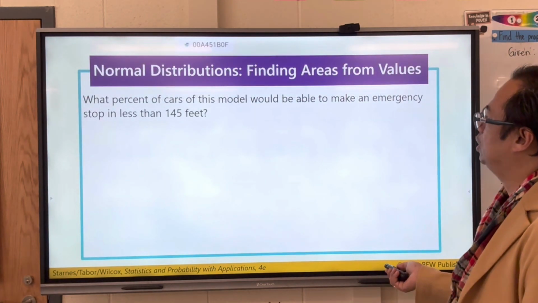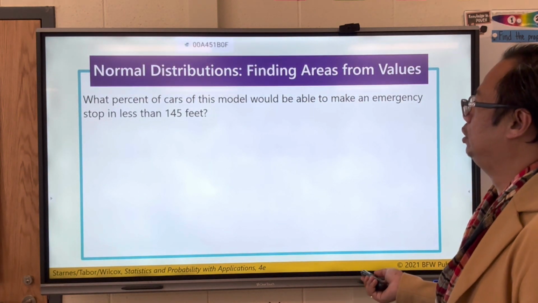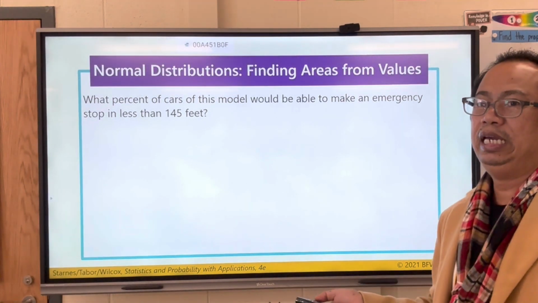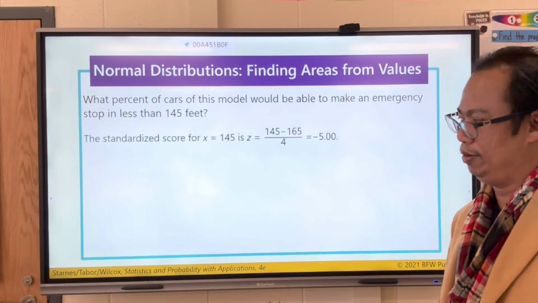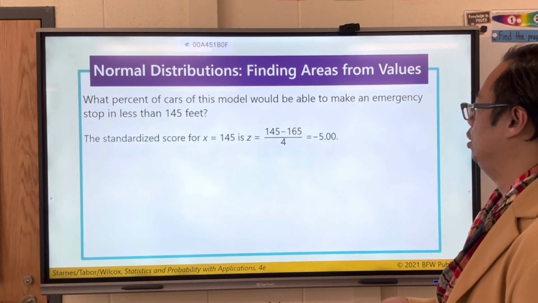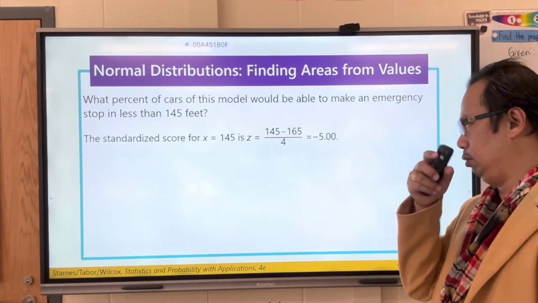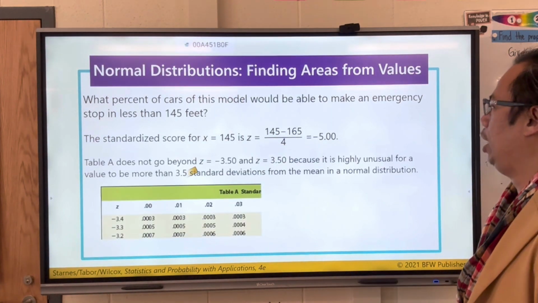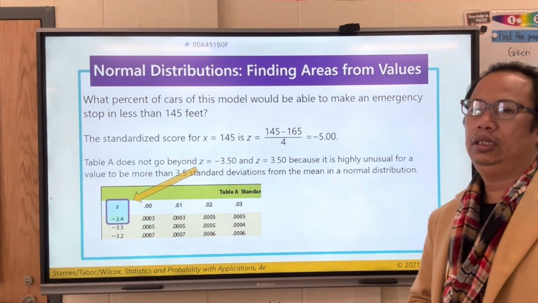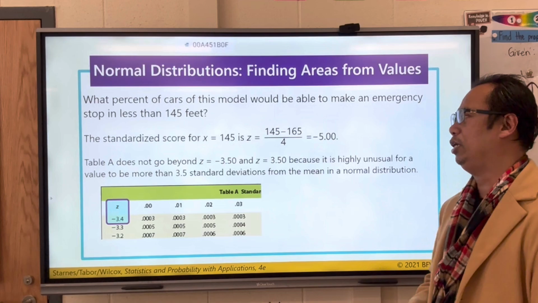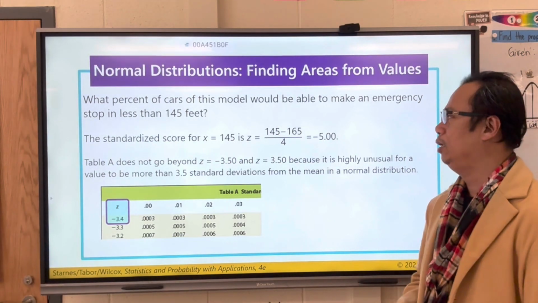Next. What percent of cars of this model will be able to make an emergency stop in less than 145? So this time 145. So we look for the z-score, -5. Alright. So as you can see, there's only -3.4 or 3.6. We don't have -5.